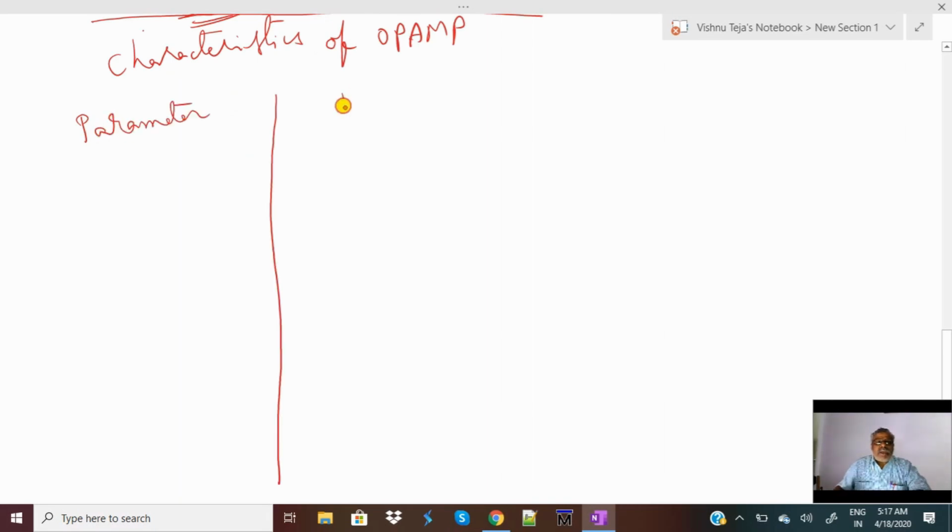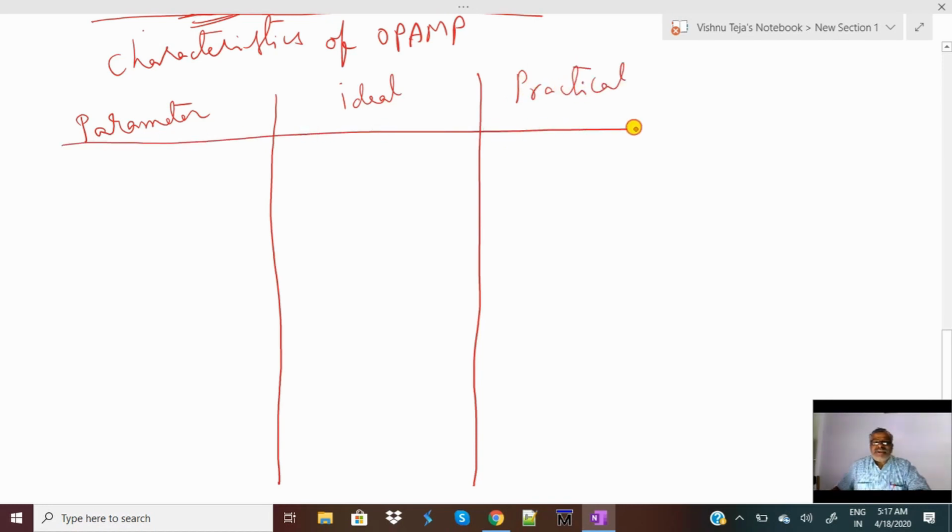Parameter, ideal characteristics or ideal value, and then practical value. If you remember in this fashion, you can easily recall the typical values of operational amplifiers.